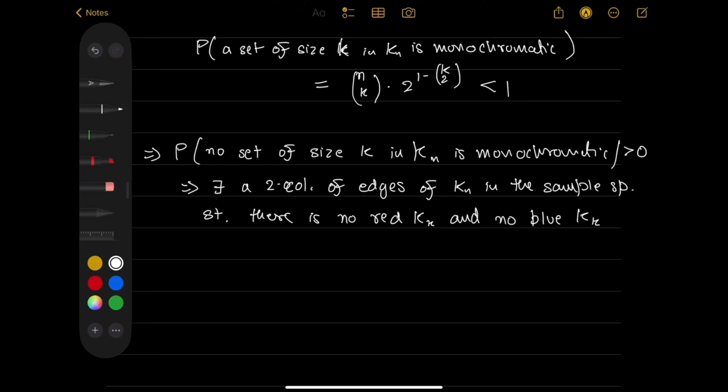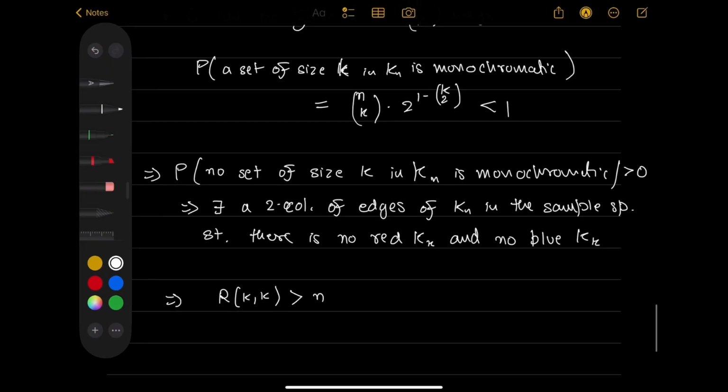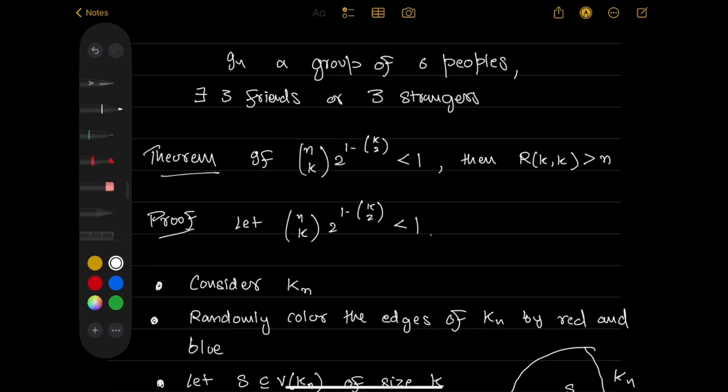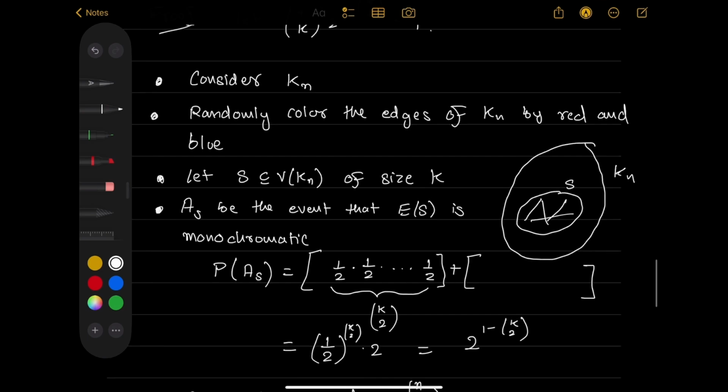So definitely this implies the Ramsey number R(k,k) must be greater than n, since in this Kn we cannot find a monochromatic Kk. That's how our theorem is proved. Fine, I hope you all understood this.